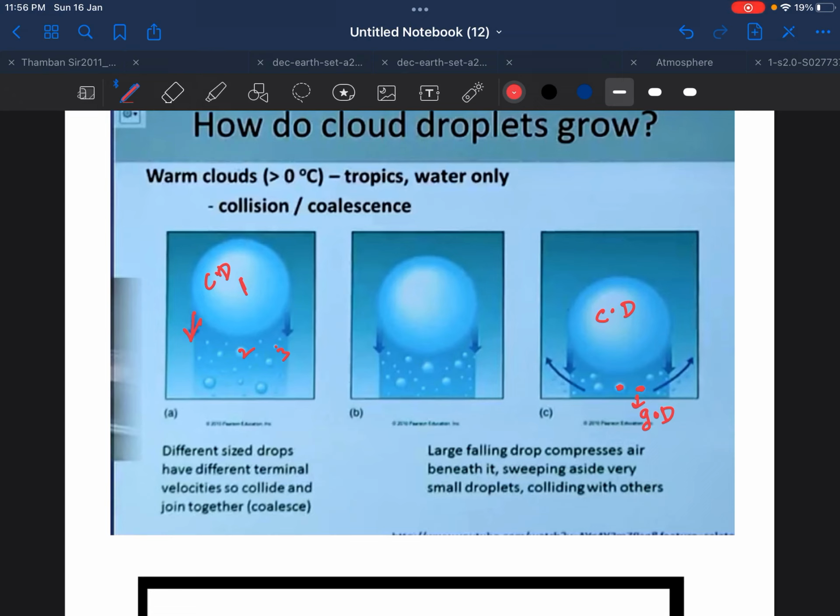Now as it moves down, it simply increases the high pressure region, because it is compressing. See, it is falling down, so it will create a high pressure zone over here, a high pressure zone over here, while this side we have low pressure zones. Okay, in these two sides we have low pressure zone.